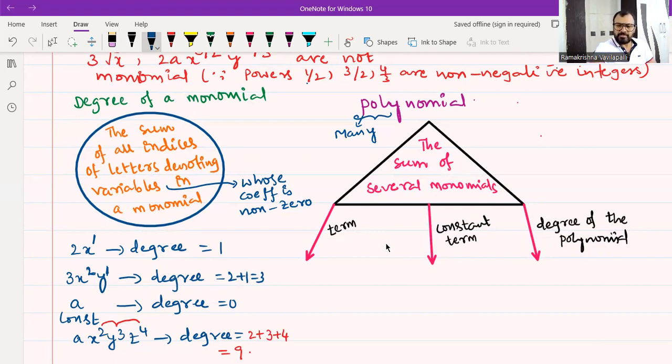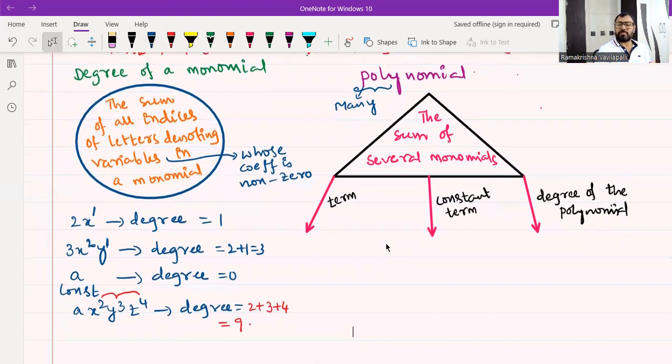For example, I'll give you an example for a polynomial. Here you see 2x square plus 3xy minus 7x y square z. You can take it in whatever way you want, no problem at all. So now you see the sum of several monomials.